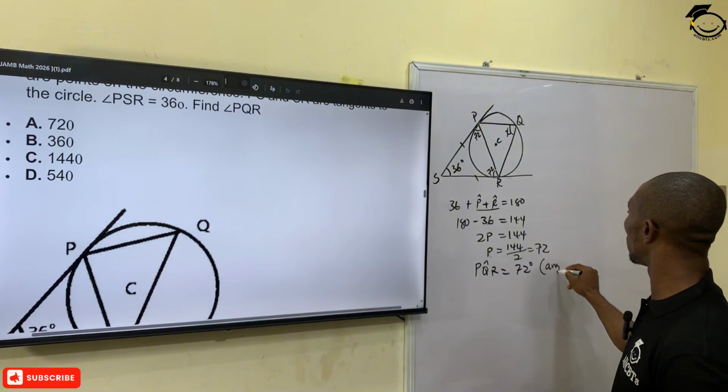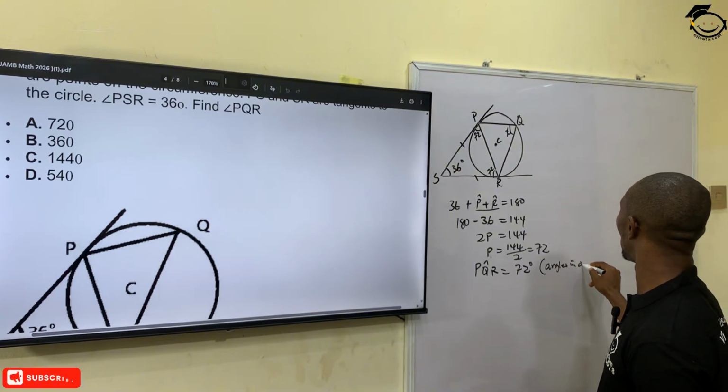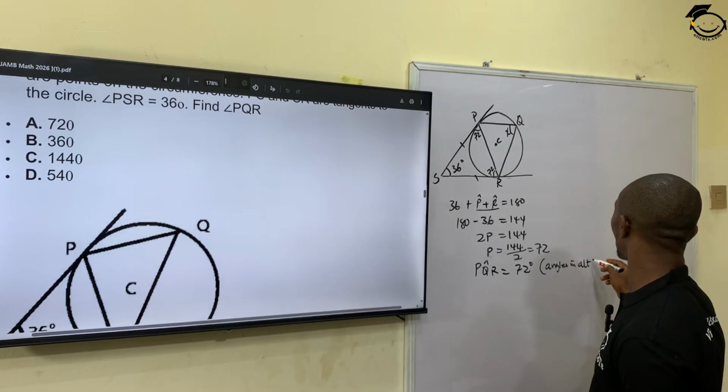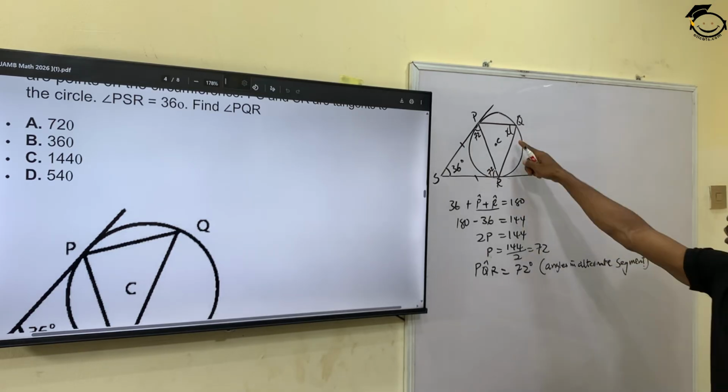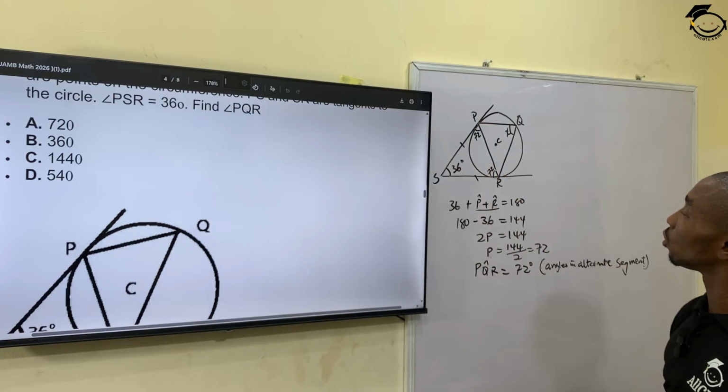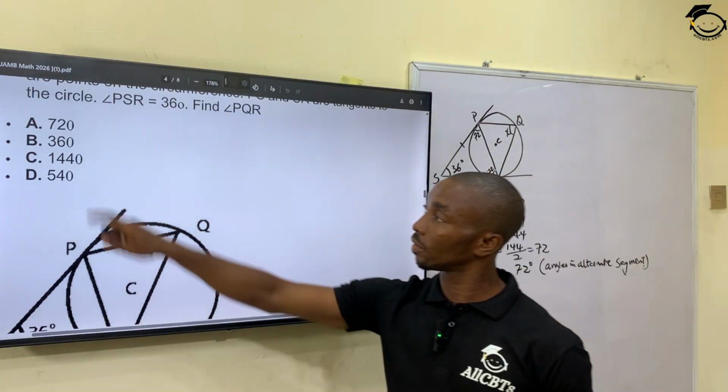Reason: angles in alternate segments. So our angle Q will be 72. Our answer is 72.